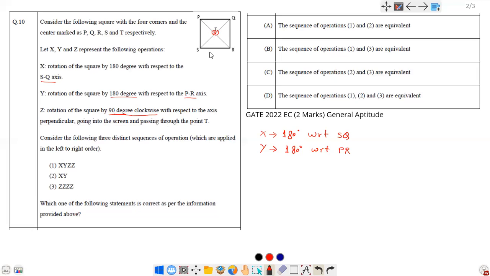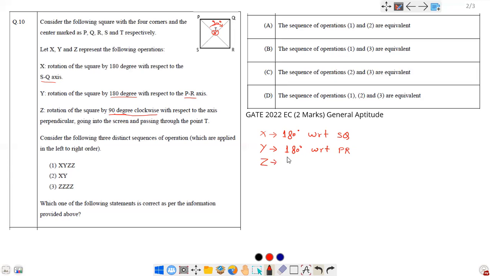So we have to rotate 90 degrees. That means P moves to this side, Q moves to this side, R moves to this side, and S moves to the P side. So this is the angle of 90 degrees, and we rotate around this point T by 90 degrees.